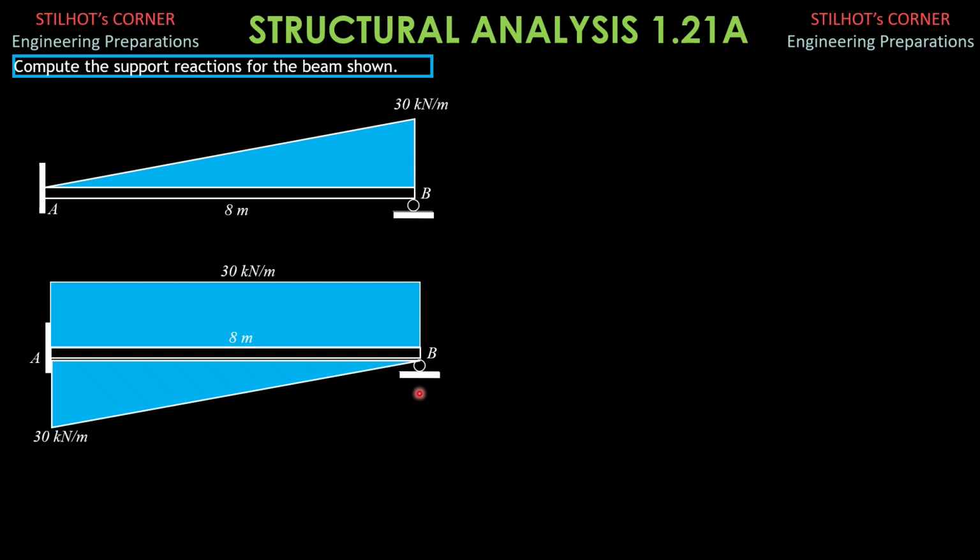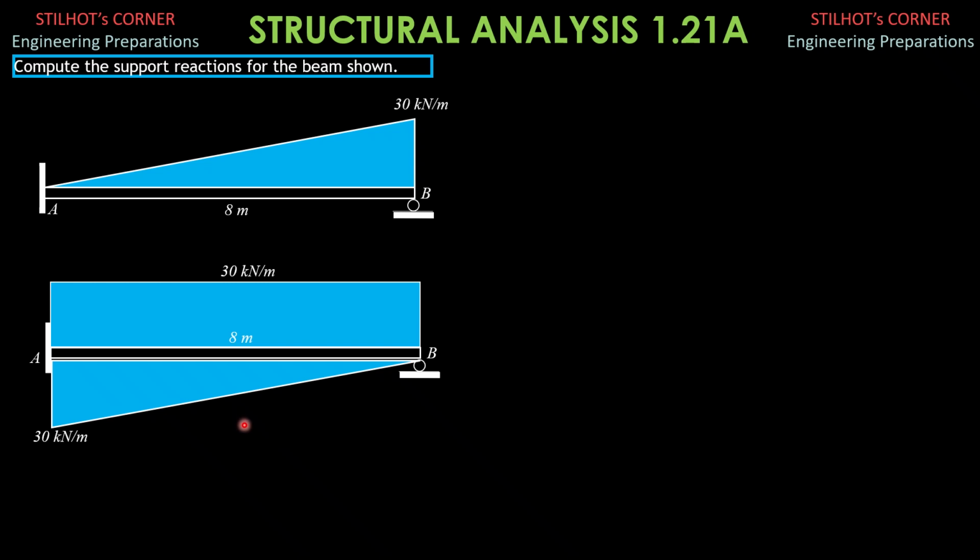So when support B is removed, the net downward vertical deflection would be, we consider downward positive, for the 30 kilonewton per meter, EI delta B due to the load is equal to, for this uniform load, WL to the fourth over 8, and due to this upward triangular load at the fixed end, it will deflect upward with a value WL to the fourth over 30.